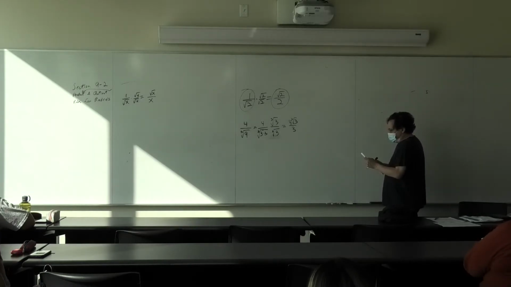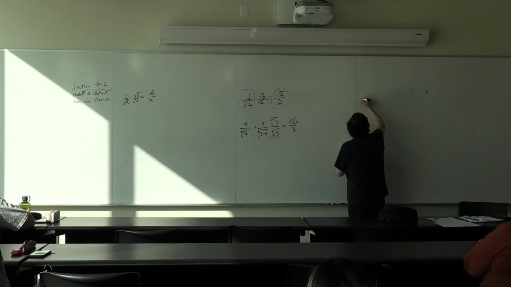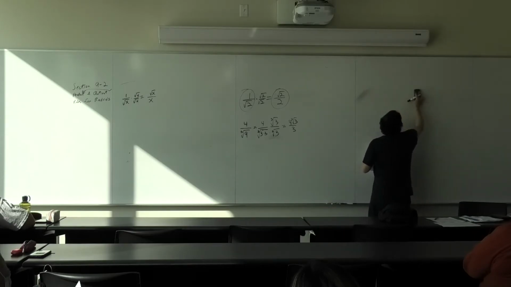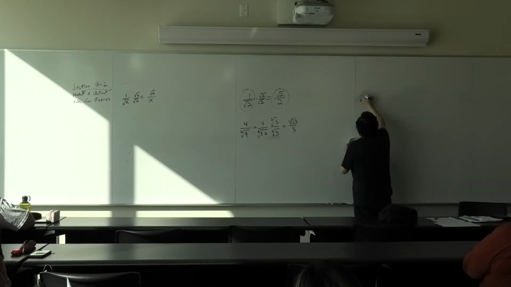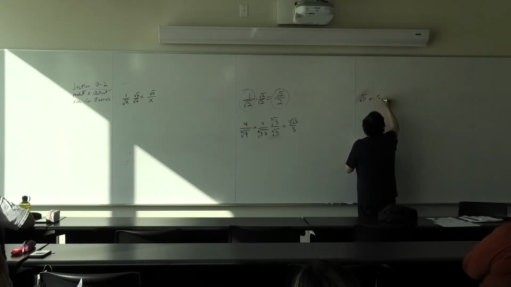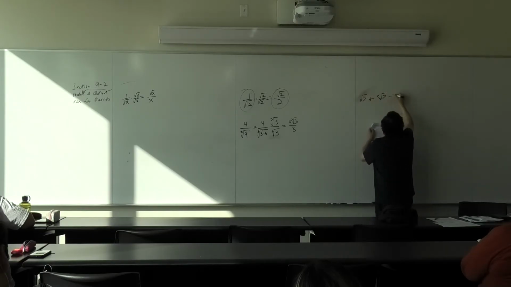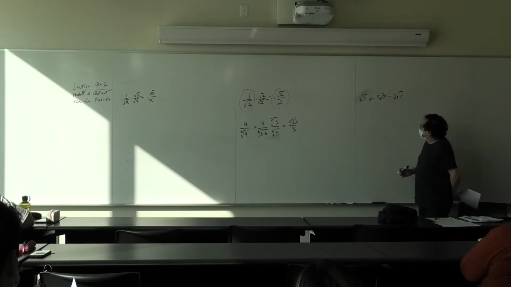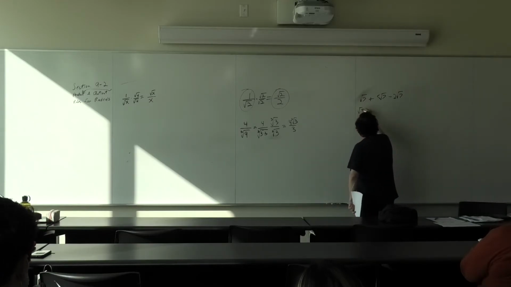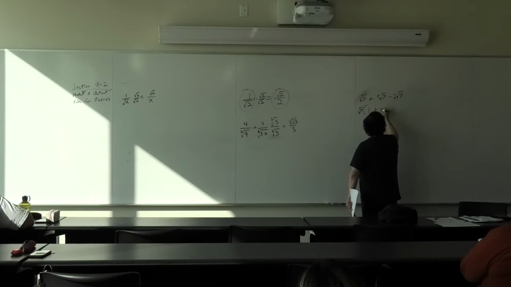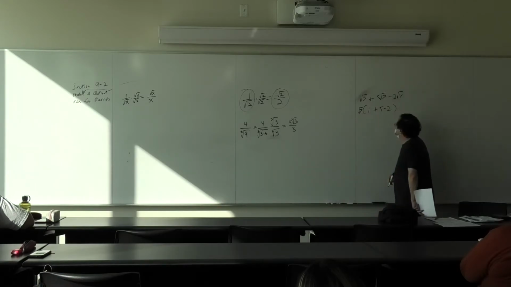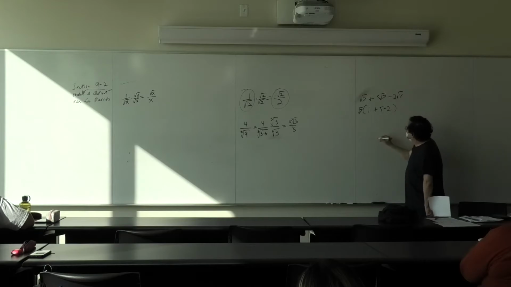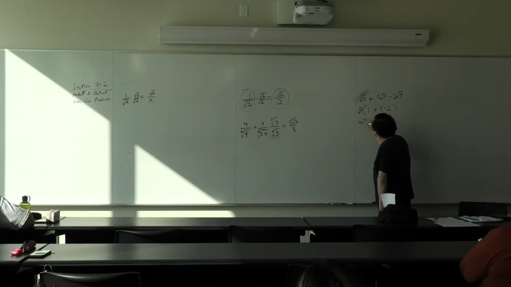So if we're lucky, we get something like this: square root of 7 plus 5 times the square root of 7 minus 2 times the square root of 7. And we can just use the distributive property. We take out the square root of 7 as a factor. We get 1 plus 5 minus 2. What do we end up with here? 6 minus 2 is 4. We just have 4 square root of 7.